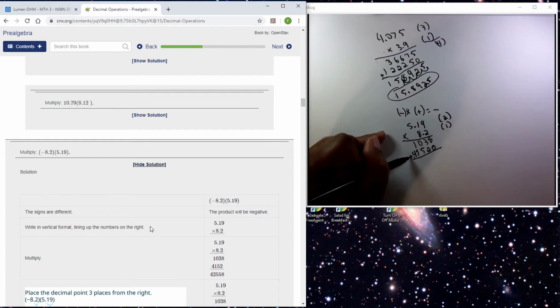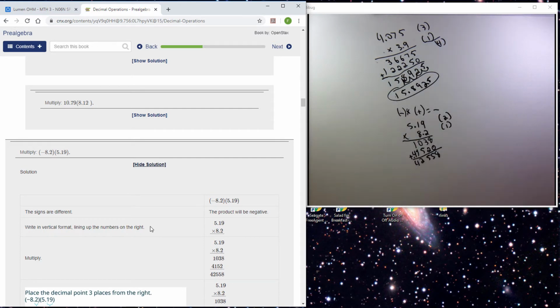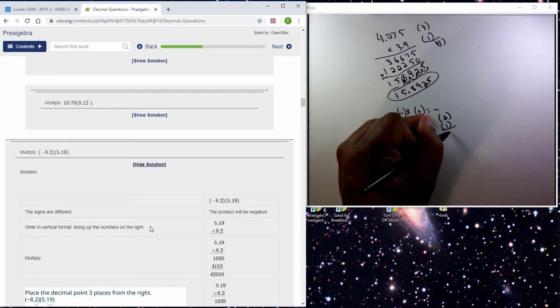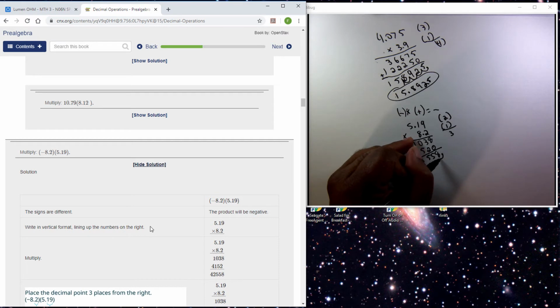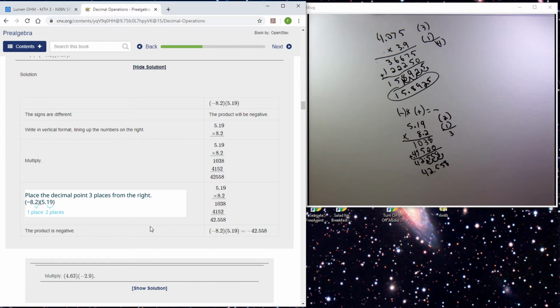Then I add them together, and I have 42, 5, 5, 8. My decimal's there, and I shifted it over 3 places, so I have to shift this over 1, 2, 3 places. So I have 42.558.